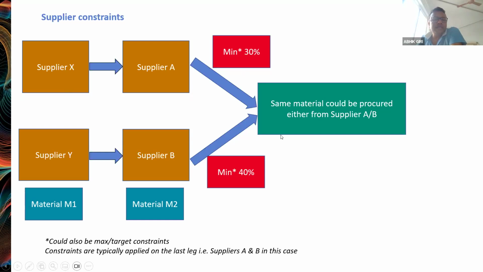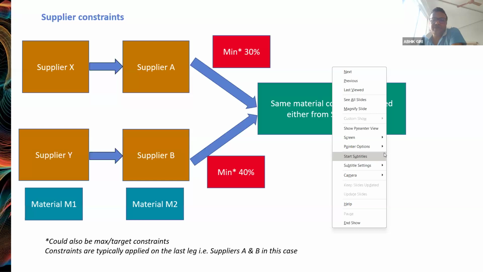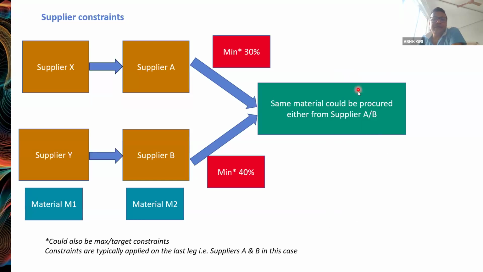Let's say the material that you require here is represented by X. What would be the constraint that you would be writing if it's a minimum of 30% and a minimum of 40%? Anyone?